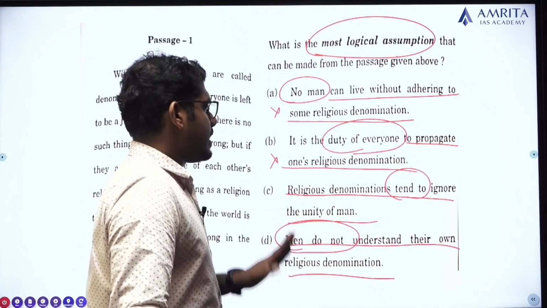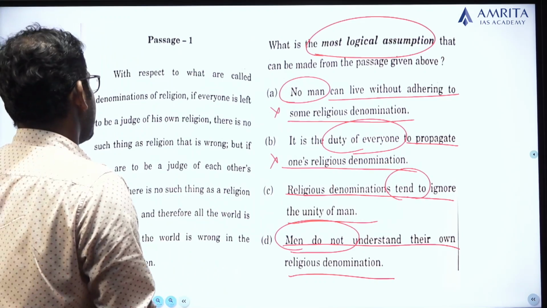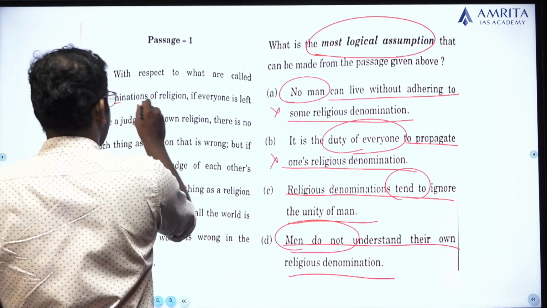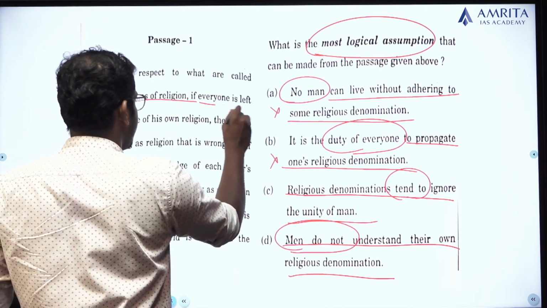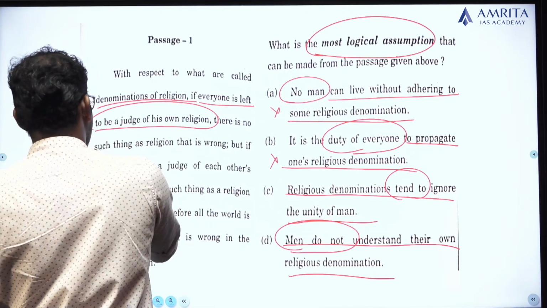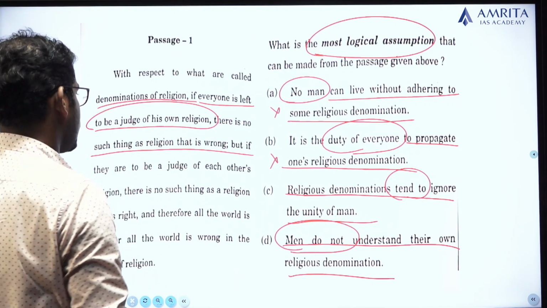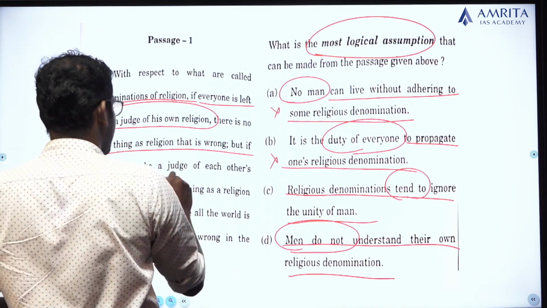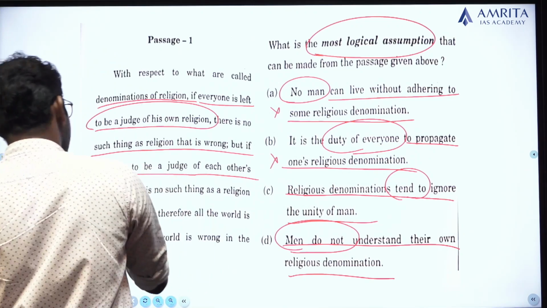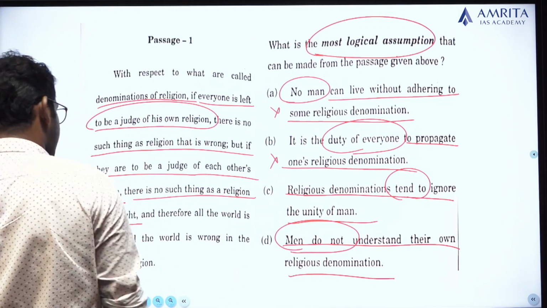But even if you have any doubt regarding option C and D, it's better to read the passage. The passage says, with respect to what are called denominations of religion, if everyone is left to be a judge of his own religion, there is no such thing as religion that is wrong. But if they are to be a judge of each other's religion, there is no such thing as a religion that is right.